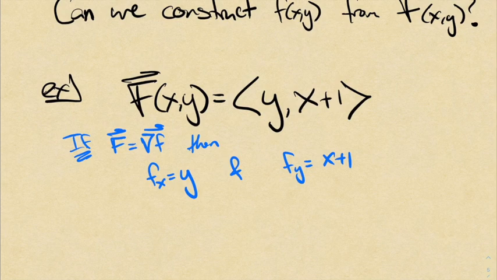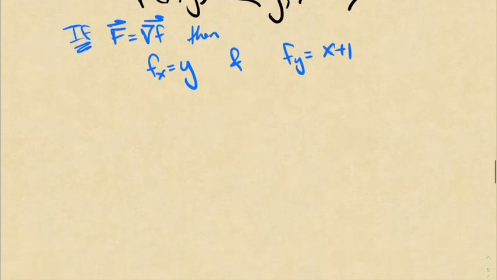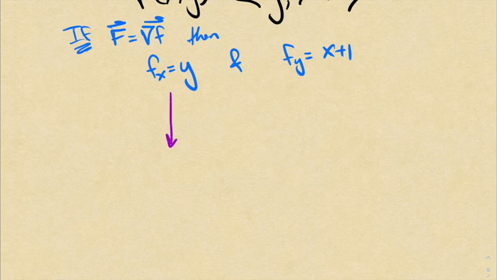So what we can do is anti-differentiate. If the partial with respect to x is y, let's undo that operation. That is, we'll anti-differentiate with respect to x, and we'll get y times x, since y is just like a constant as far as x is concerned, plus a constant.